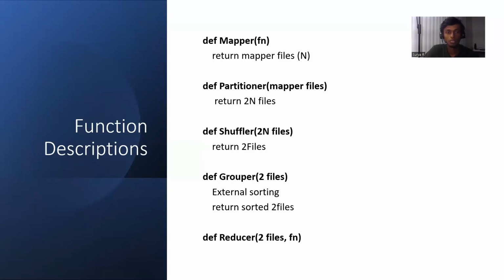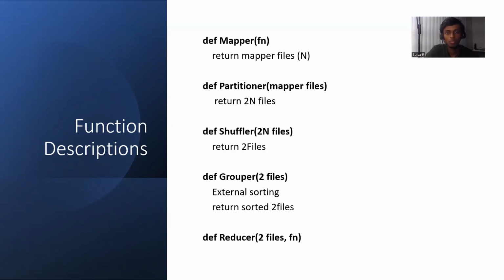Quick description on the functions itself. Firstly, we have the mapper, which takes a function and it returns mapper files, basically key value pairs. Then we have a partitioner, which takes the mapper files and returns 2n files. Here, the 2 is the number of reducers. So the number of reducers times the data output of the mapper will be the output of this partitioner.